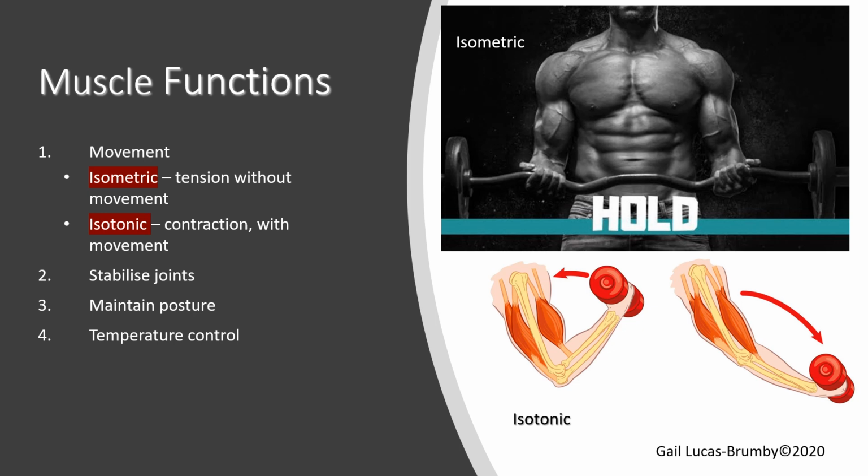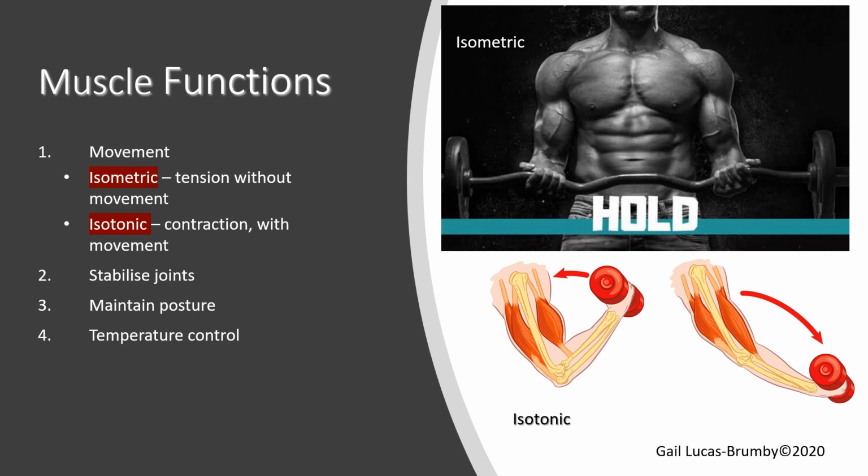And as we hold the glass with our right hand, maybe to fill up with a jug of water with the left, that movement of lifting the jug over the glass, pouring it and putting it down, that's an isotonic movement. Movement with contraction.